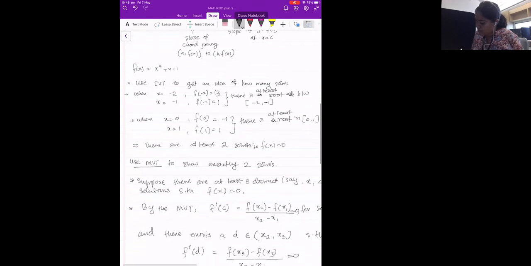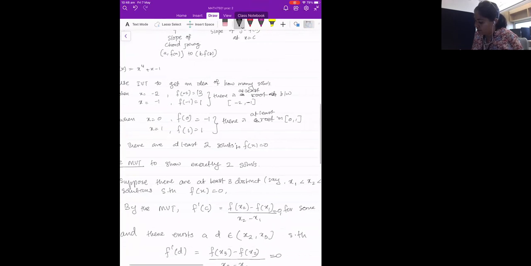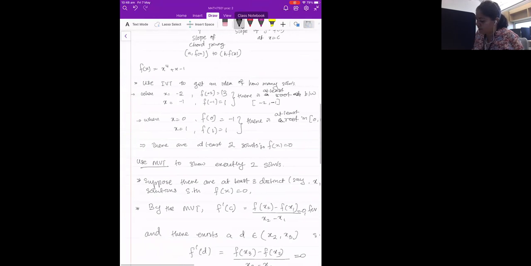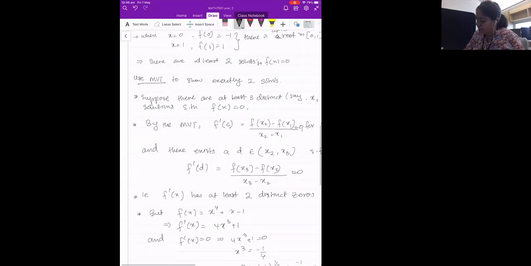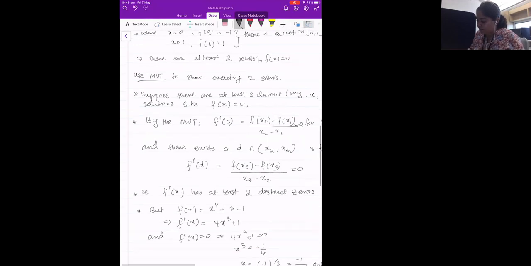Then let's look at another two points, x equals 0 and x equals 1. Again, the value of the function is different, so there is at least one root in the interval 0 and 1. That's what we gain from the intermediate value theorem. We know that there are at least two solutions for the equation f(x) equals 0.